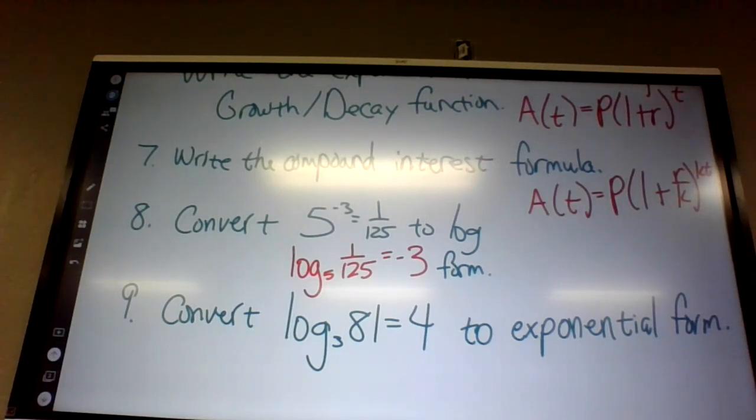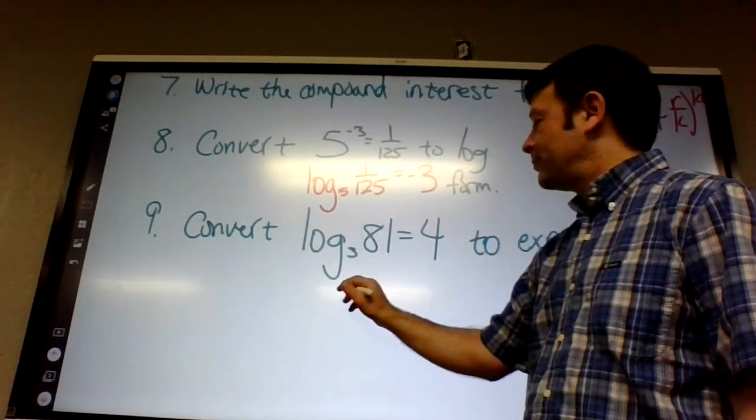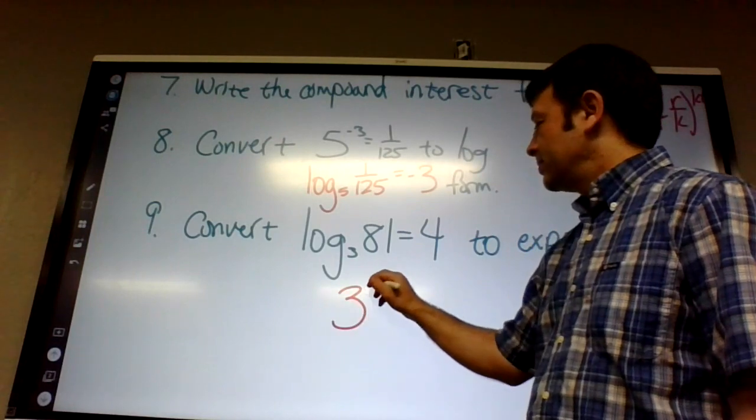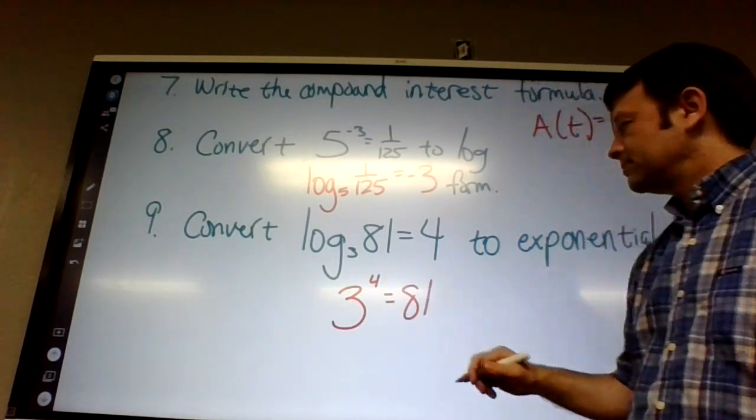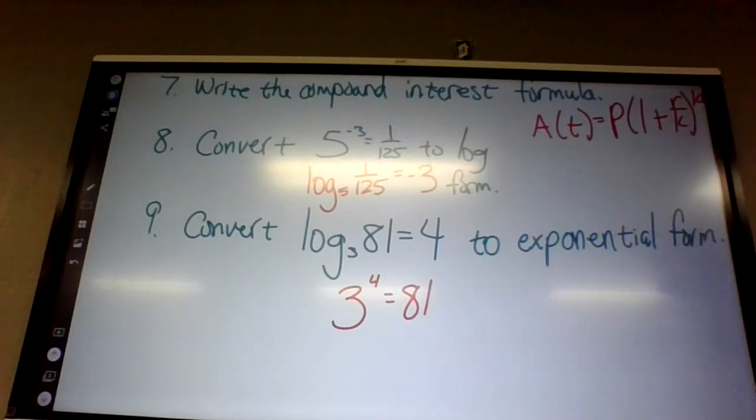Silly me. Yeah, so the first number is first, and then the third number, and then the second number. Okay, and then on the logs, to change it to exponential form, it's 3 to the 4th is 81. You can kind of tell because it's true, 3 to the 4th actually is 81. All right.